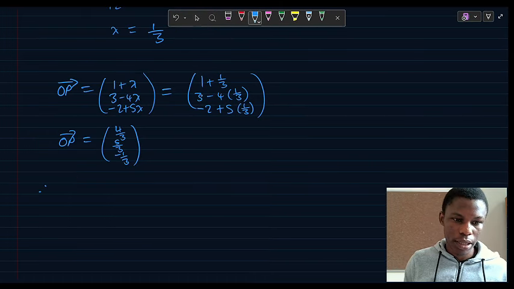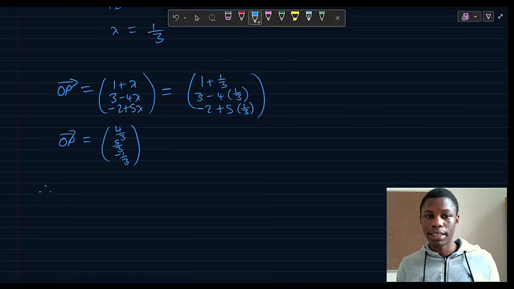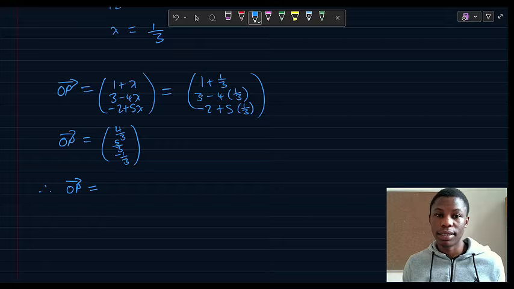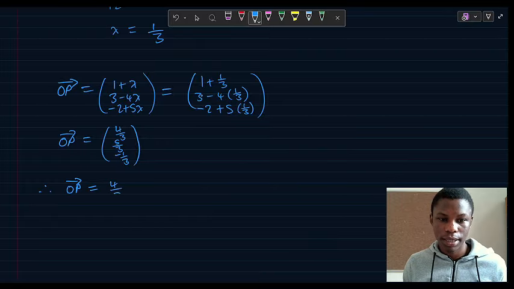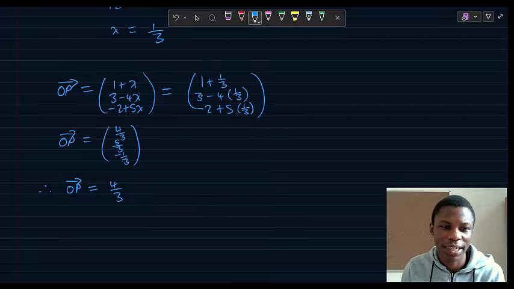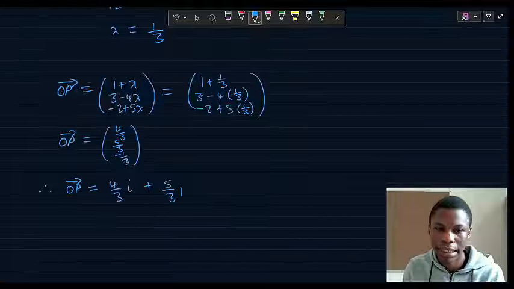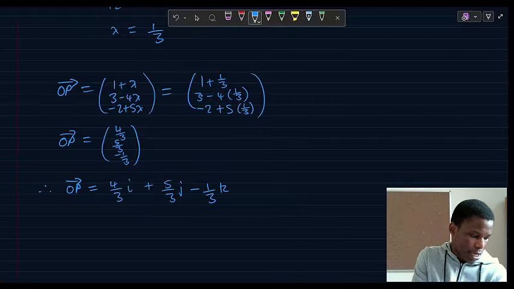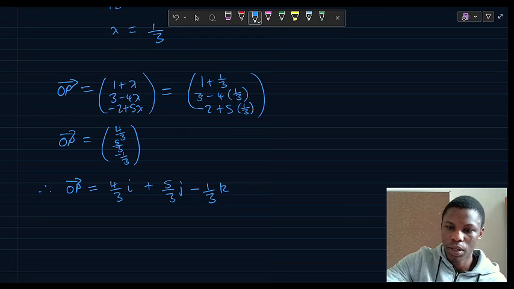The question gave us the vectors in ijk notation, so let's give them their answer also in ijk notation, right? It's rude to respond to someone in French when they ask you a question in English, right? So 4 over 3 i plus 5 over 3 j, and then our k component is minus a third k. And that there is our position vector of P.